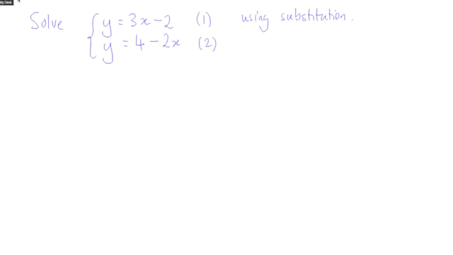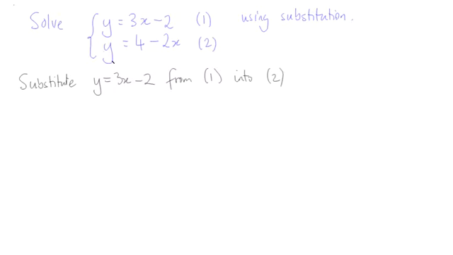Now, luckily, in this example, it's quite a simple example, we already have one of our equations in the form y equals, so we don't have to do any rearranging to start with. So we just have to substitute y equals 3x minus 2 from equation 1 into equation 2.